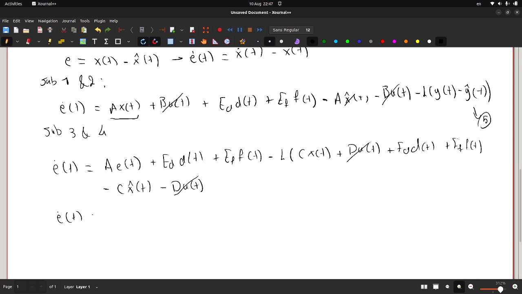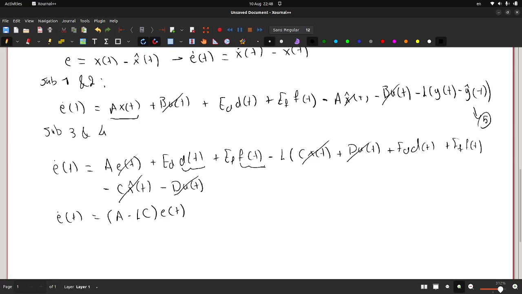So e dot of t equals, as you can see, ae of t, and we have here cx of t minus cx hat of t. This should be c e of t minus l, so it's minus lc times e of t, so we can combine it all in one place as a minus lc times e of t. So we're done with this. Now what's left is what's subject to the disturbance and what's subject to the fault.